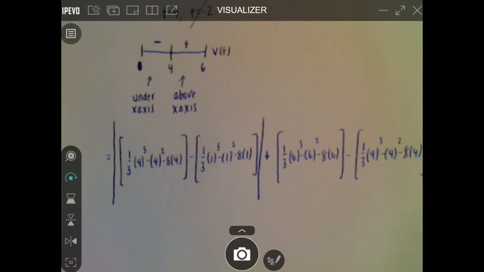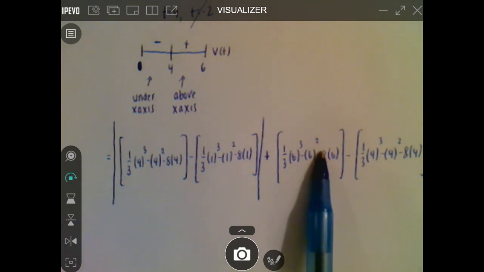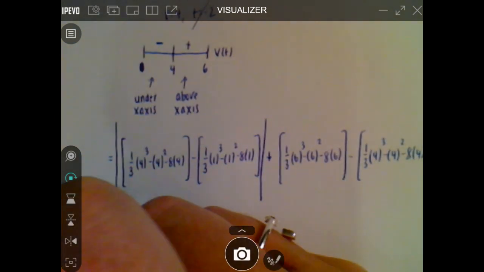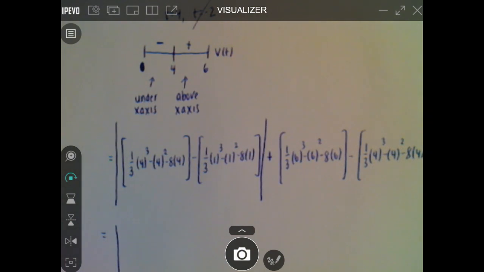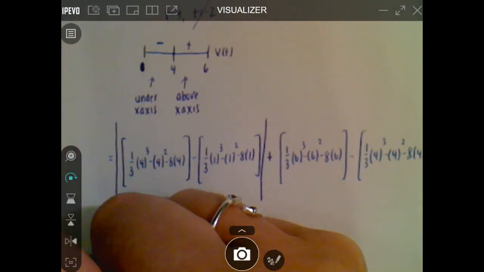And I'm just going to do a little simplification here. And the nice thing is from the displacement, we actually already know what this value is. So I'm really only going to be calculating out this. That's going to be new. So let's see, 4 cubed divided by 3. That's going to stay 64/3.